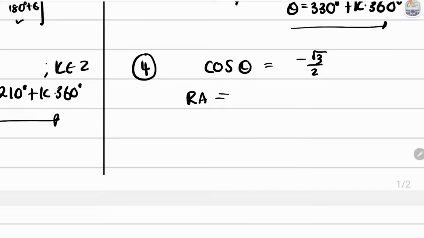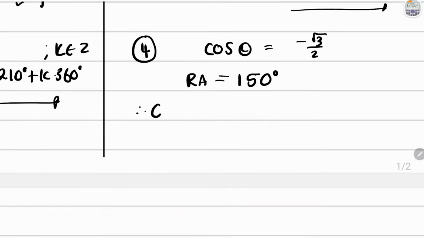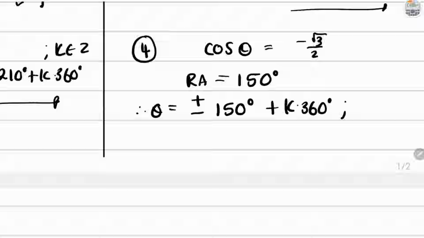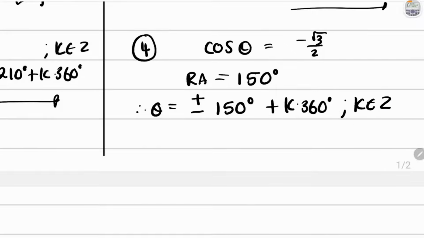Don't even make it positive. You don't have to do that. If you say shift cos of negative root 3 over 2, you're going to get 150 degrees. So it means that theta is just equal to positive or negative of 150 degrees plus k of 360 degrees, where k is an element of integers.